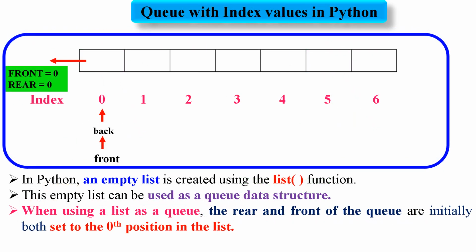In Python, an empty list is created using the list function. This empty list can be used as a queue data structure. When using a list as a queue, the rear and front of the queue are initially both set to the 0th position in the list. This configuration represents an empty queue with index values starting from 0 and no elements present.